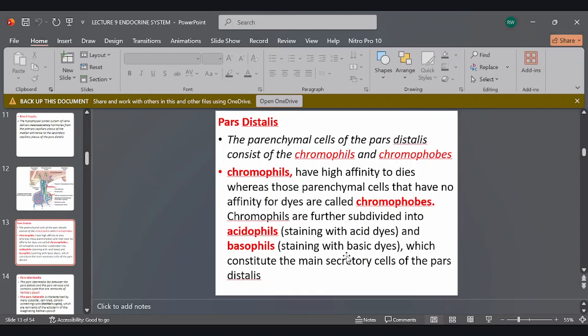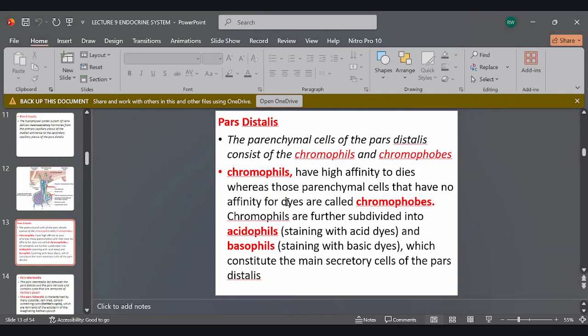The chromophils are further subdivided into acidophils and basophils. The acidophils stain with acid dyes, and the basophils stain with basic dyes. So this is all about the pars distalis and why it has different cells.